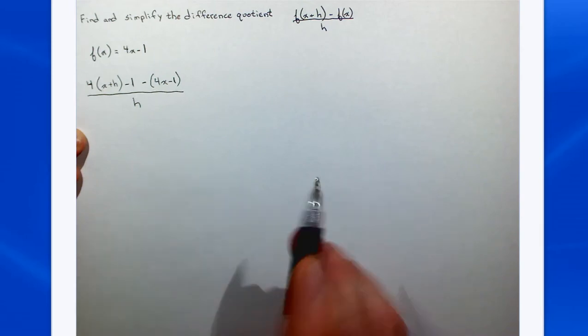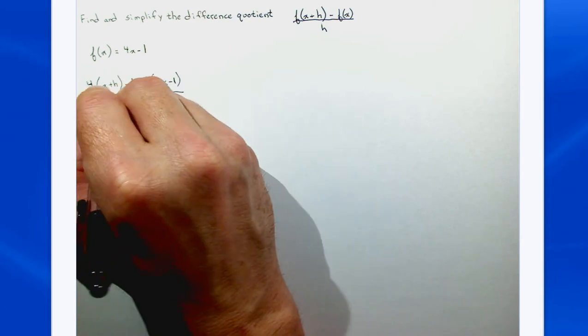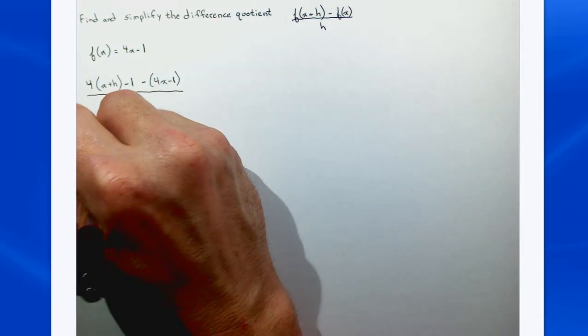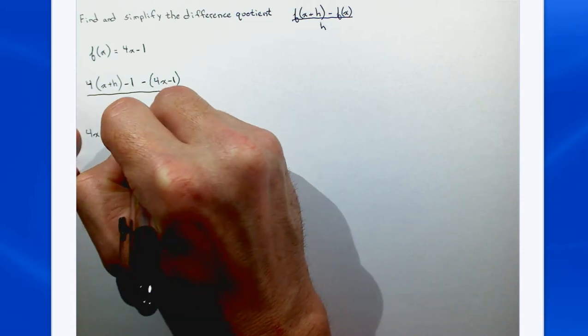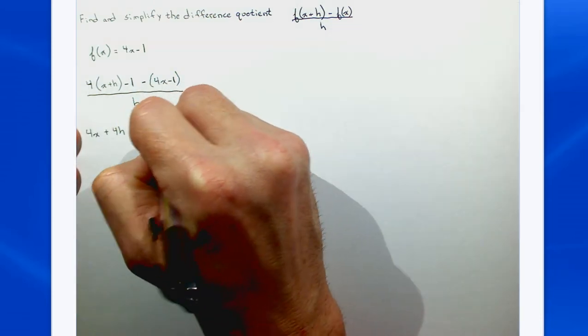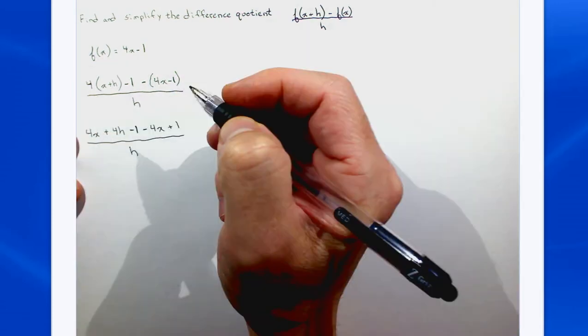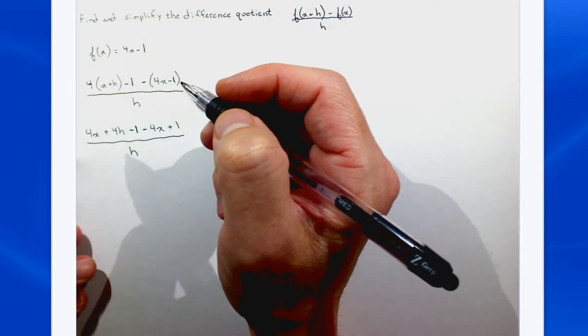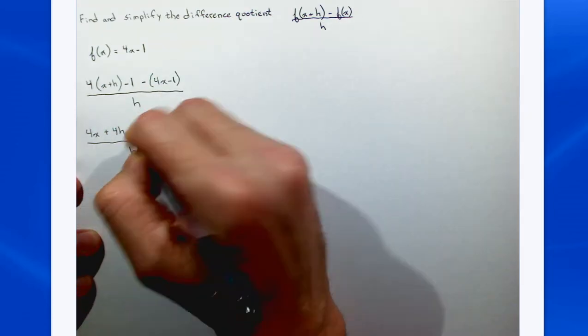Now I combine like terms. I'm going to get rid of these parentheses and distribute my 4 through there. So I'm going to say f of x plus 4h minus 1 minus 4x plus 1, over h. Now I'm going to combine like terms. 4x minus 4x, they cancel out.